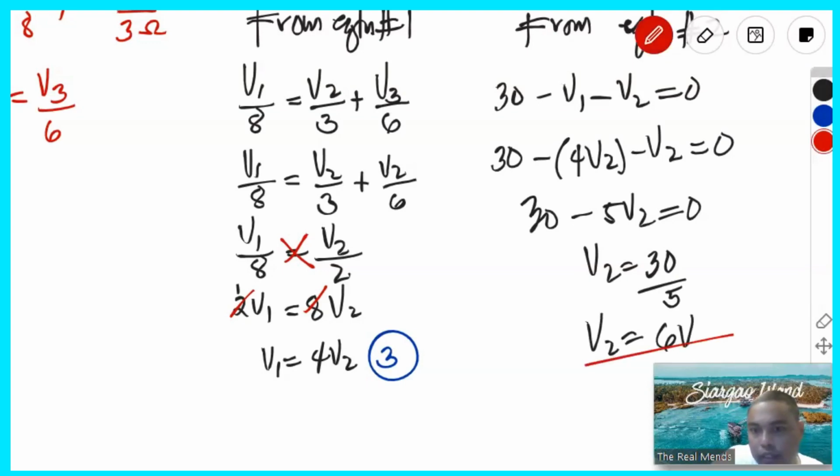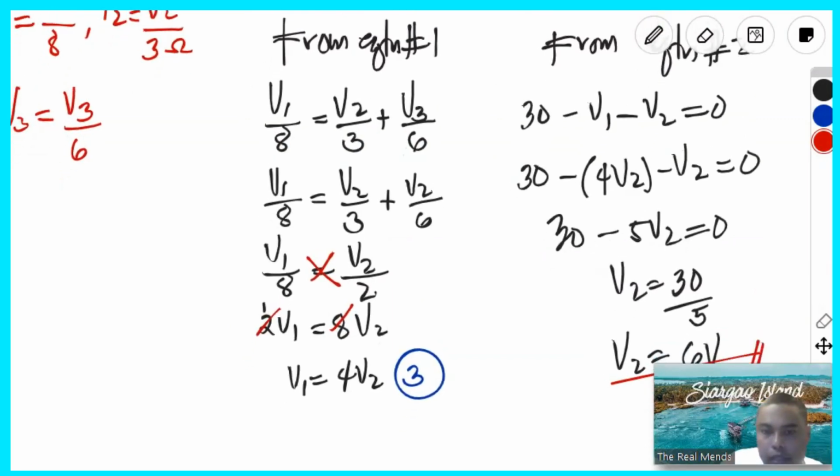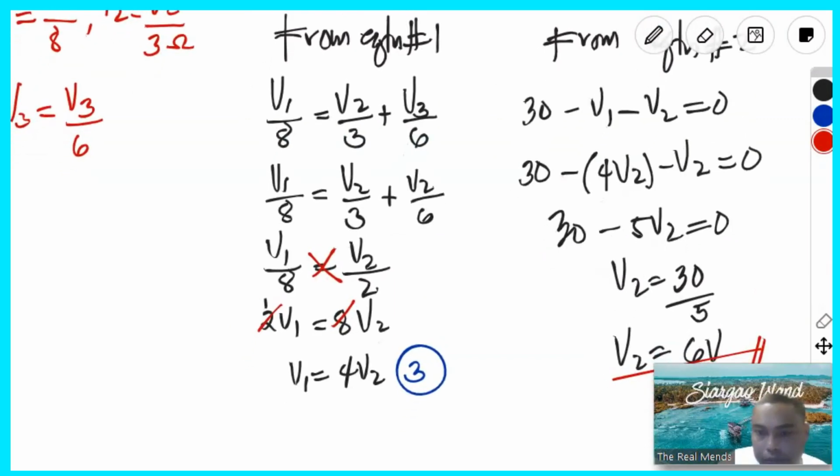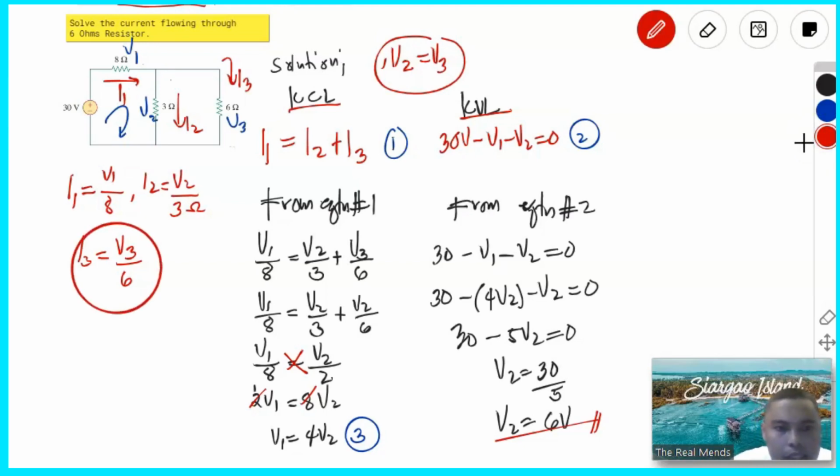So therefore the value for V2 is equals to 6 volts, and then from that we can substitute that value to the equations from the Ohm's Law. From this equation, I3 is equals to V3 over 6. So let's use this equation to solve for the value of I3.